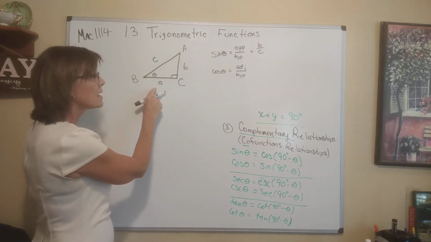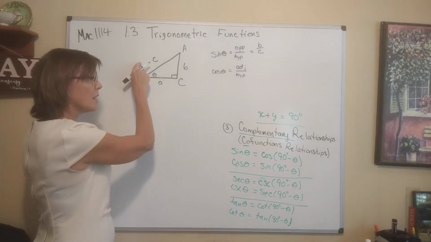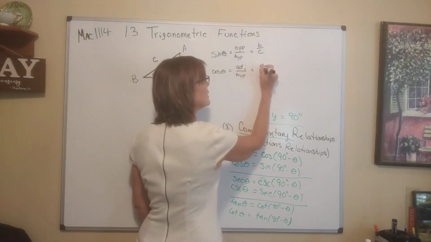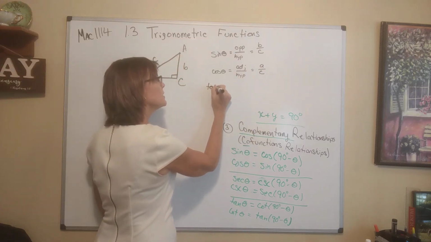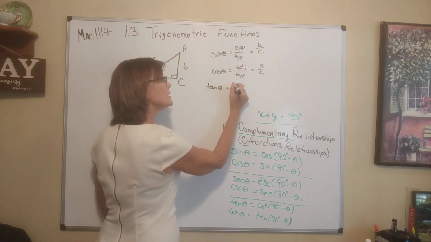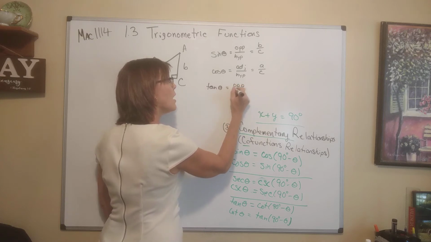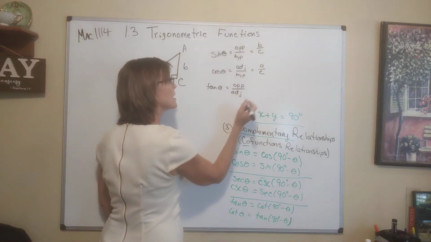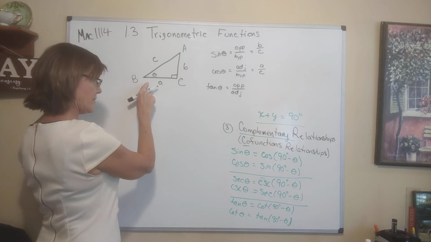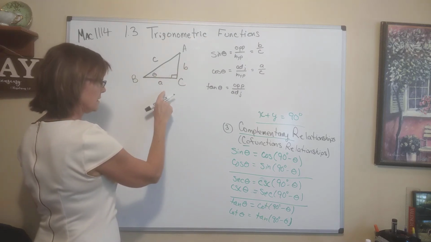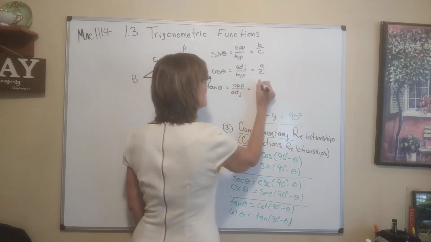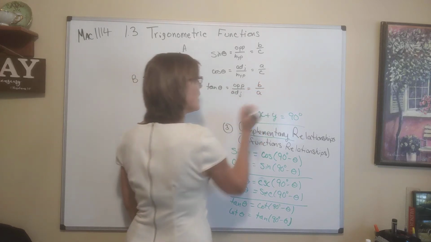So cosine will be adjacent A over hypotenuse C, A over C. And then the tangent of theta is the opposite side over the adjacent side. The tangent of theta is opposite B over adjacent A, which is B over A.